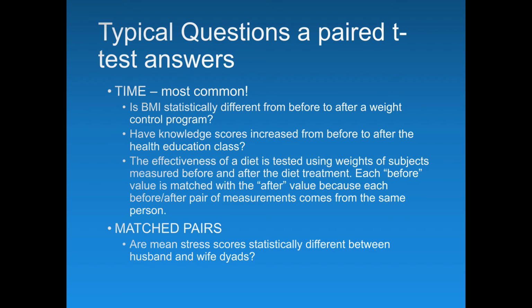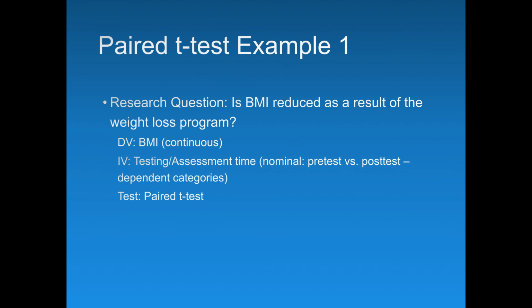This number, if we're using a paired t-test, should be the same because all of the people in the pre-test are also in the post-test. If these two numbers are different, you might not be running the correct test, or something went bad.